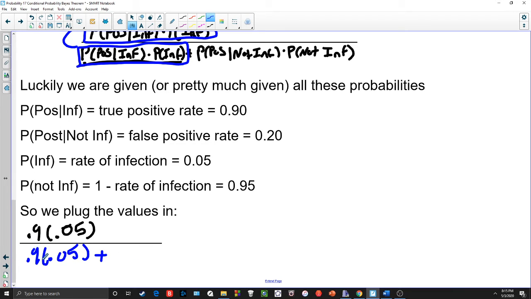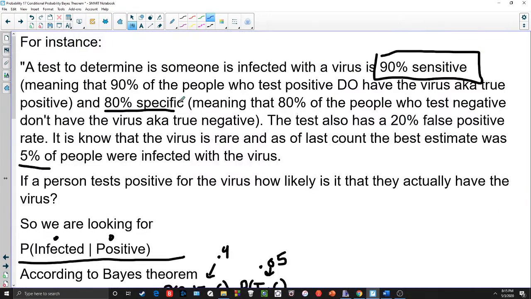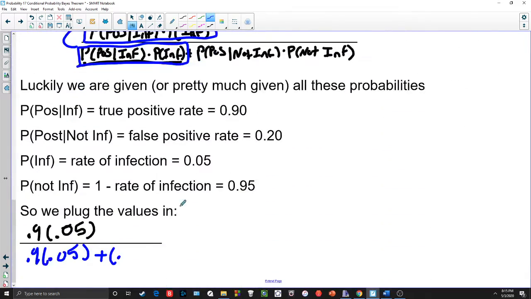And then the last part here is simply the opposite of these two. The next one is the probability that you test positive given that you're not infected, which actually should be 0.2, almost lost my place there. So 0.2, because there's a 20% false positive rate, times the chance that you're not infected, which is 0.95.